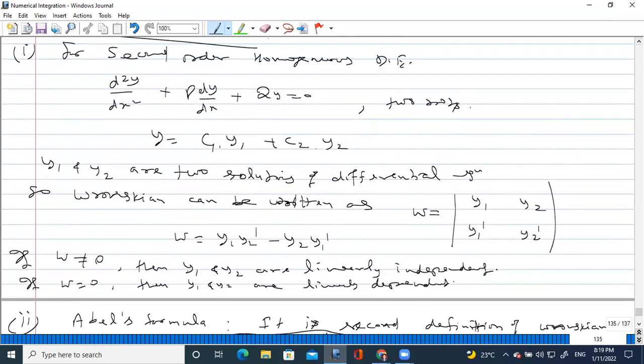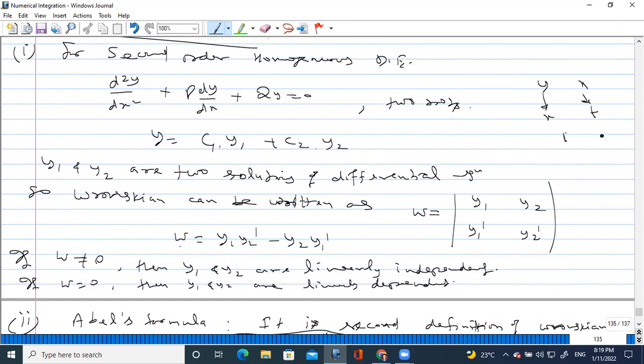Yes, it is the Wronskian. See here, I told you the definition of Wronskian is y1 y2 dash minus y2 y1 dash. But because my y has changed to x and x has changed to time, in place of dash it will become dot.